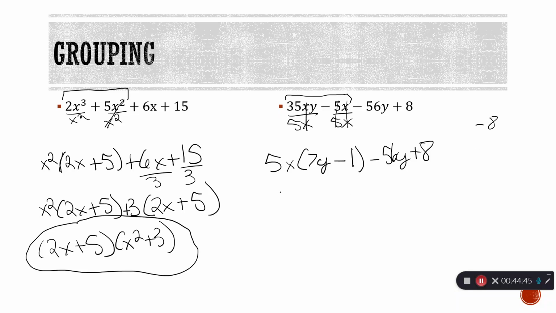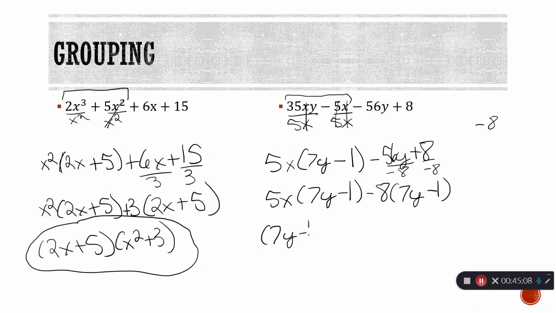So negative 8 works for both of them. Negative 56 divided by negative 8 is a positive 7, the y stays. And 8 divided by negative 8 is negative 1. Perfect. We got those to match. So bring down your 7y minus 1. And we got 5x minus 8. Just like that.